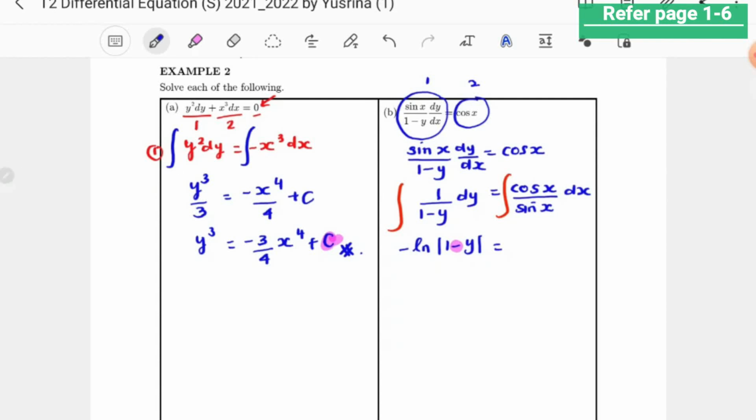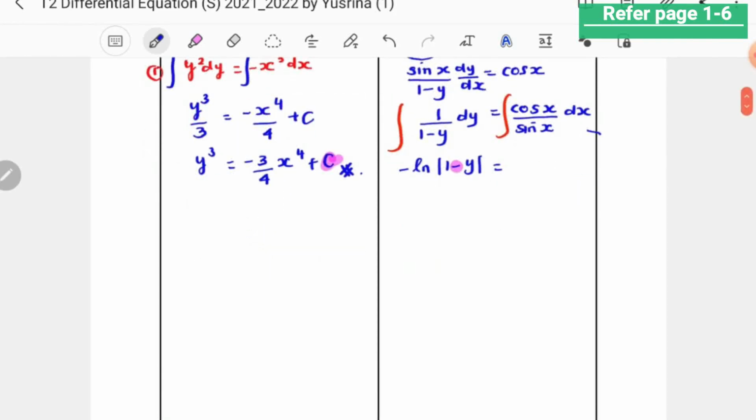We can use the properties or you can use the substitution method. Maybe you can use the properties: d/dx of f prime x over f x equals ln f x.